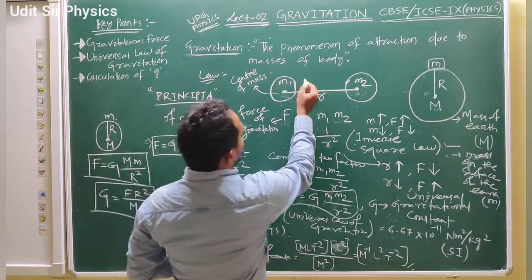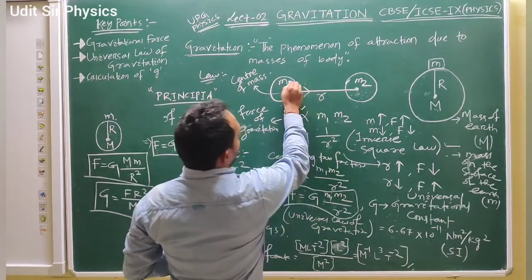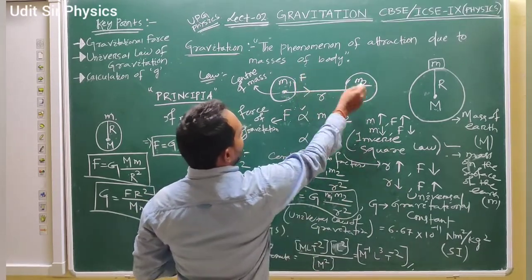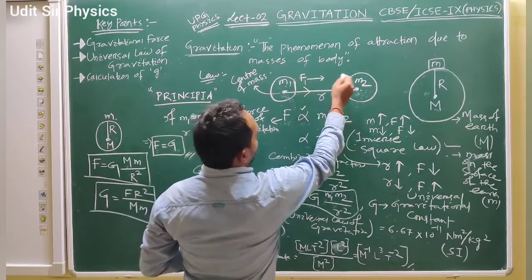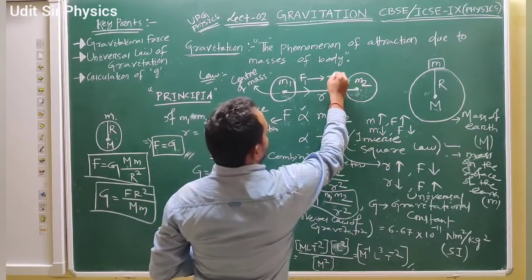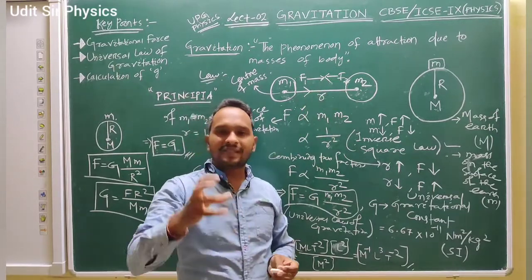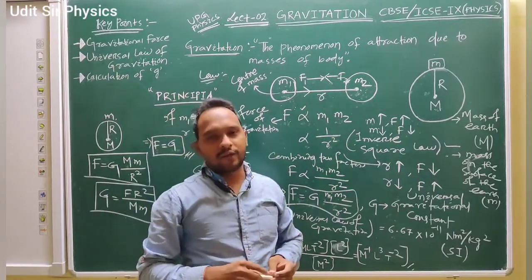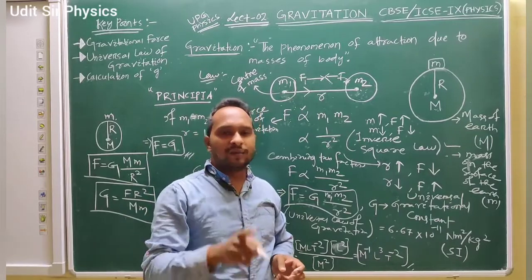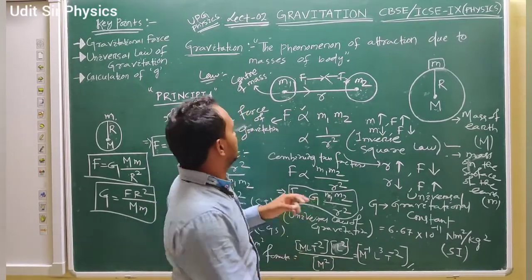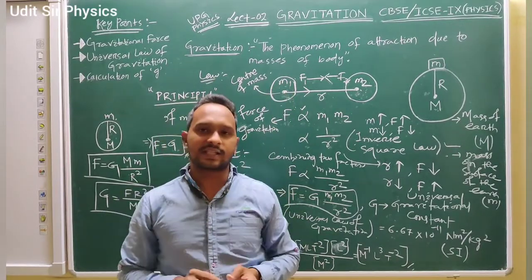Force from 1 to 2 means force on 1 due to 2, F1, and here F2, equal in magnitude but opposite in direction. That is an action and reaction pair. You know Newton's third law: every action has an equal and opposite reaction. That is an important characteristic.